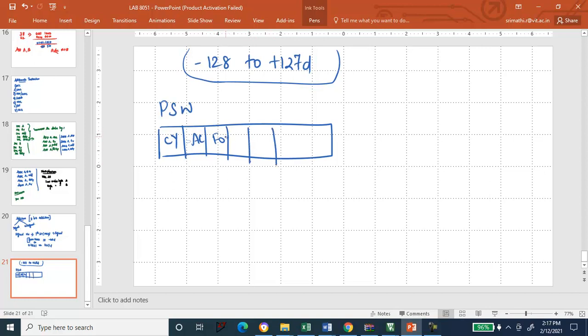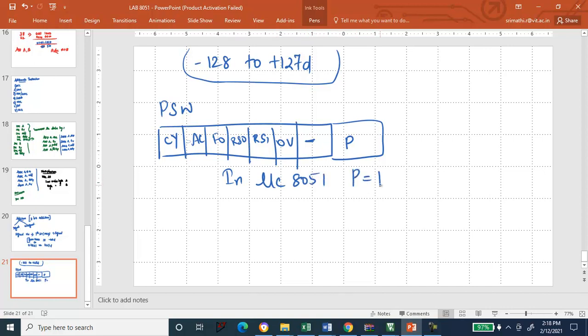You have two register select bits, namely RS0 and RS1, and then one overflow flag, and then this is also reserved for future use, and this will be your parity.